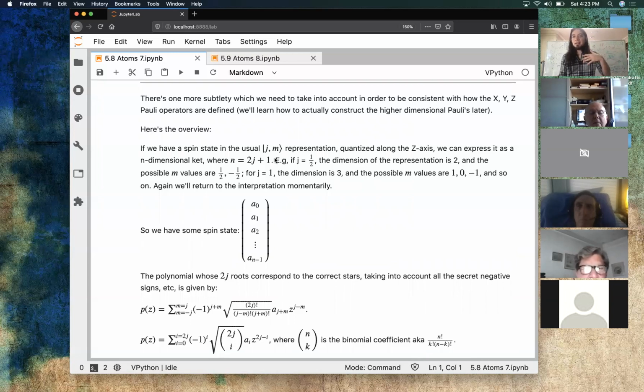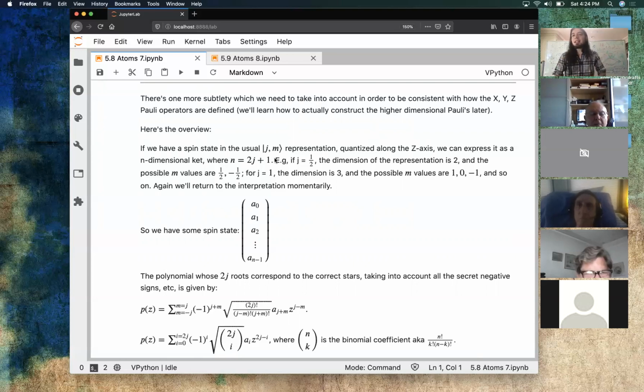And then the different basis states are given by the M value, right? So for spin half, the M values are a half and negative a half. For spin 1, it's 1, 0, and negative 1, and so forth. Given such a vector, such a state representing a spin, how do we find the corresponding polynomial?